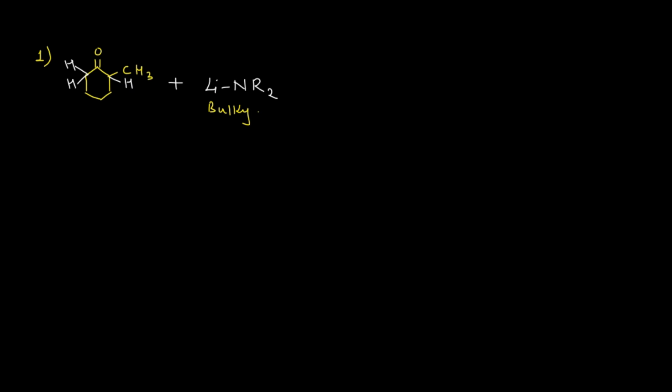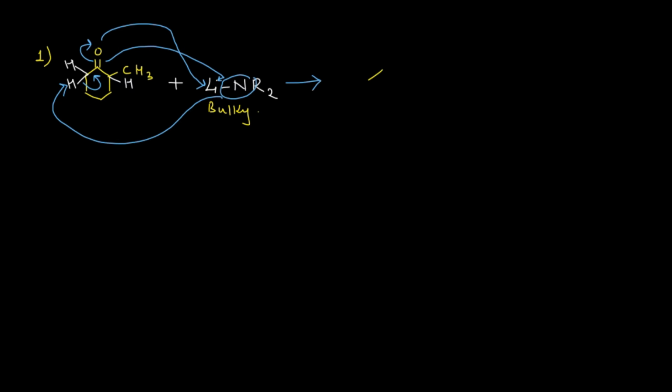You see, this will grab this lithium, and then this negatively charged nitrogen will grab one of the hydrogens from here, pushing this bond over there, and this will come up, and finally it will grab the lithium.